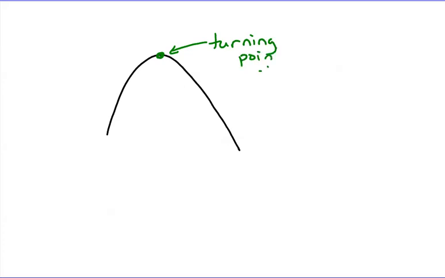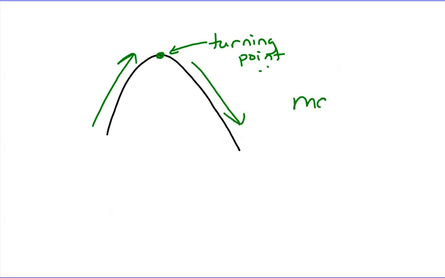Let's give you another piece of paper. Okay, let's say that you have a maximum, right? If you're talking about this guy right here, that is a turning point. Now, at that turning point, you have a positive slope to a negative slope.